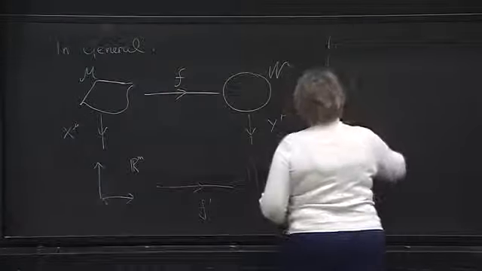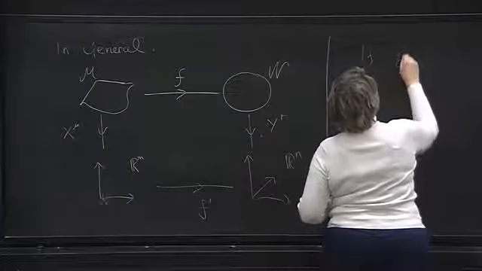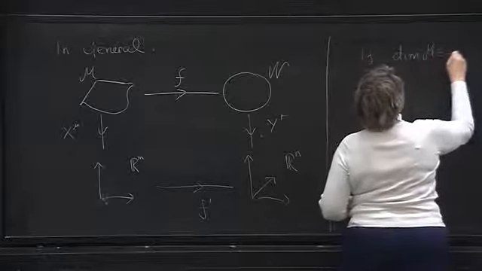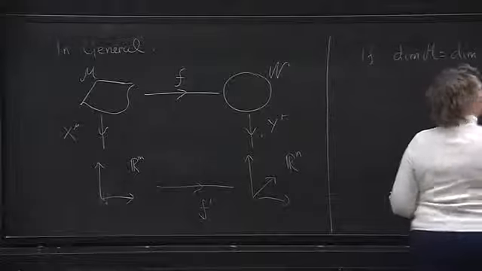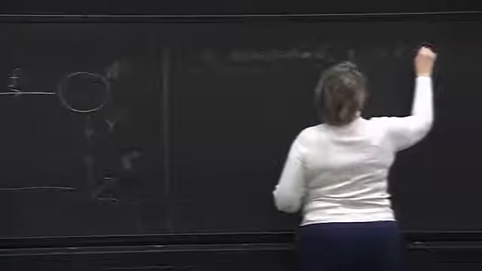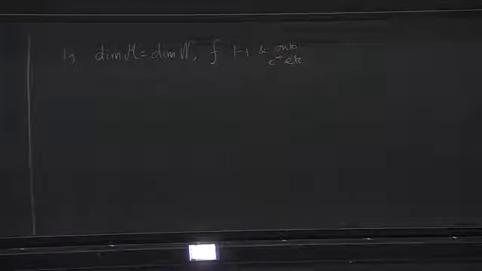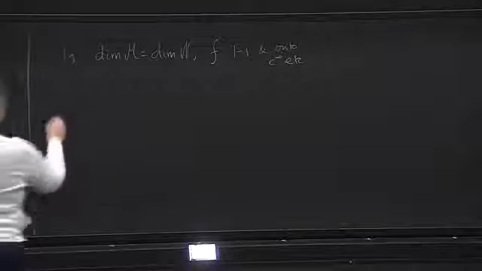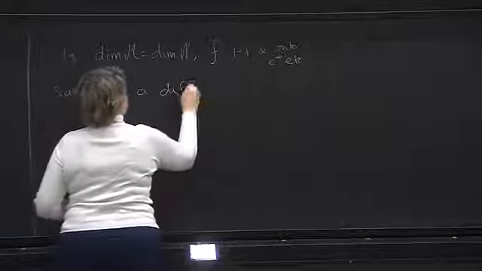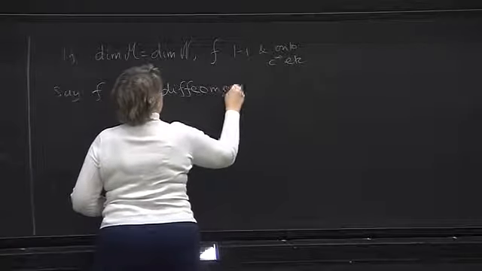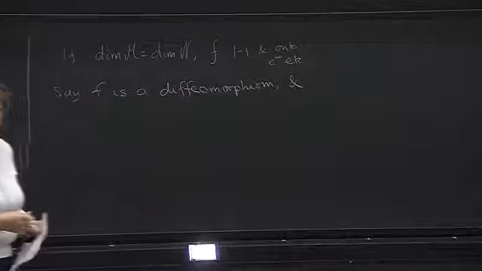So that's a general map, but if the dimensionalities are equal, and our function is one-to-one, onto, C infinity, etc., you know, all the usual things that we want it to be, then we say that this F is a diffeomorphism and we regard M and N as being the same.